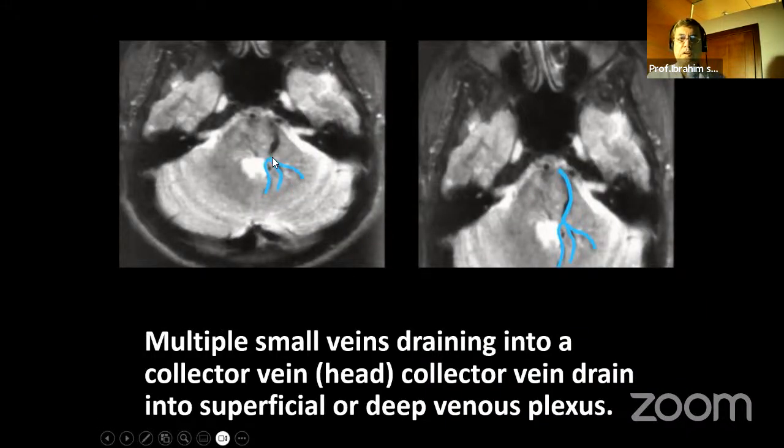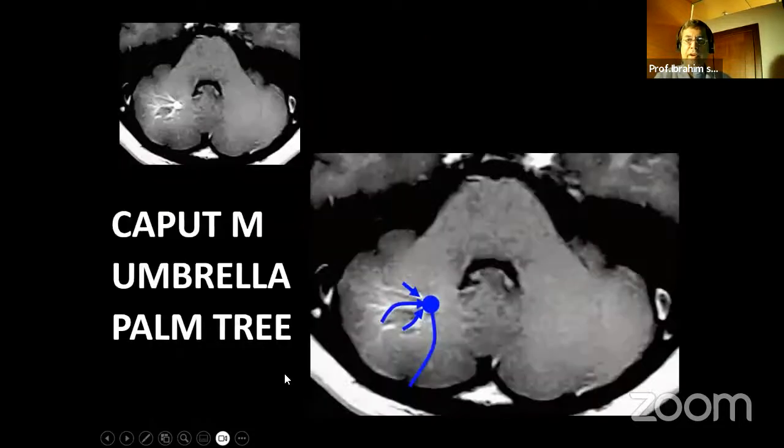Tributaries coalesce into a collecting vein, and this would go to a draining vein that would go into a sinus or whatever, like this. Tributaries, collecting vein, and then draining vein. So multiple small veins draining into a collector vein, which is called the head, and this would go into the draining vein. Again, like this. This is DVA in the cerebellum.